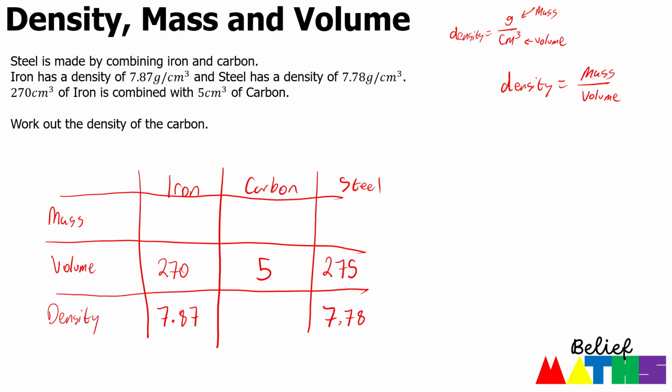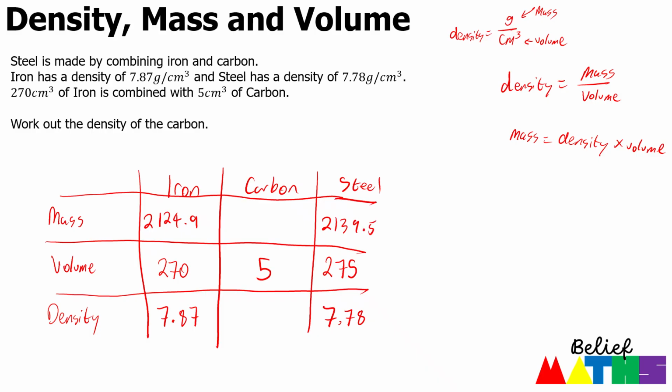Density is equal to mass divided by volume, so if I rearrange that formula, mass is equal to density times volume. If I do 270 times 7.87, that tells me I have 2,124.9 grams of iron, and 275 times 7.78 for the steel gives me 2,139.5.